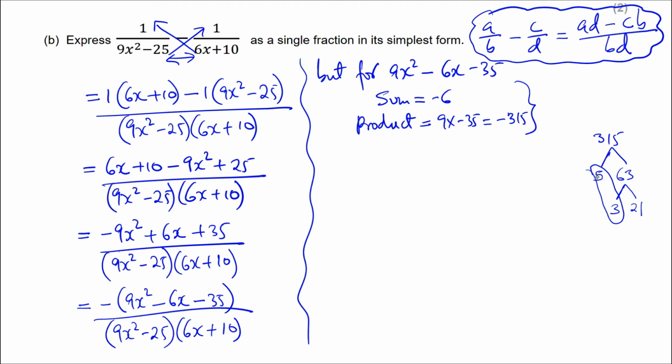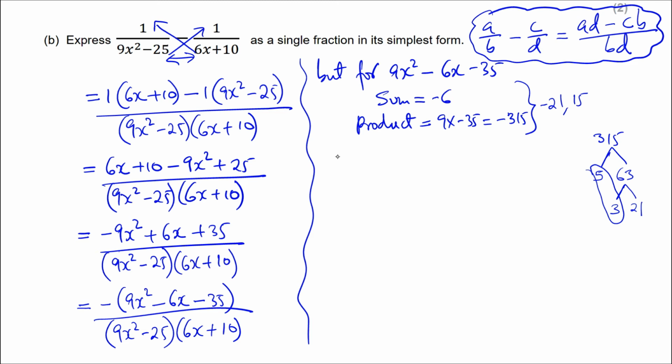So I just need to change the sign so that I can get what I need. So in short, if we change 21 here to -21 and +15, obviously these two numbers give -6, but because they are factors of 315, their product has to be -315.